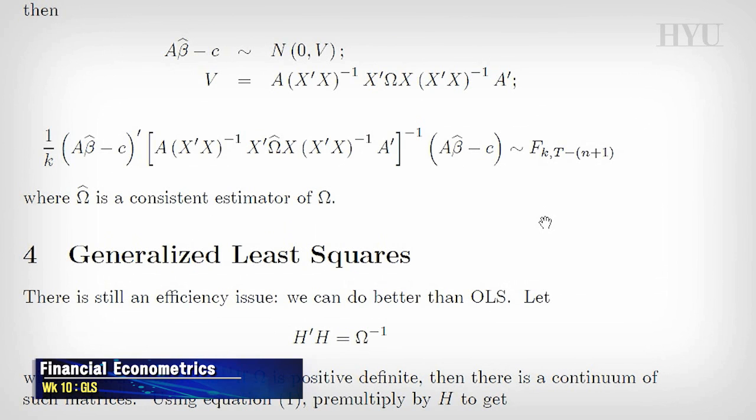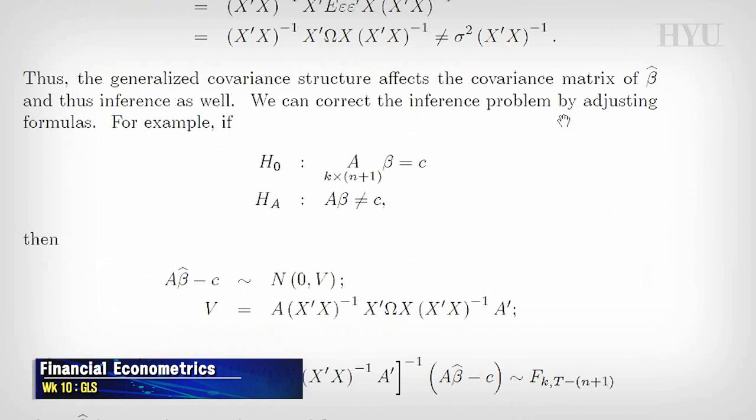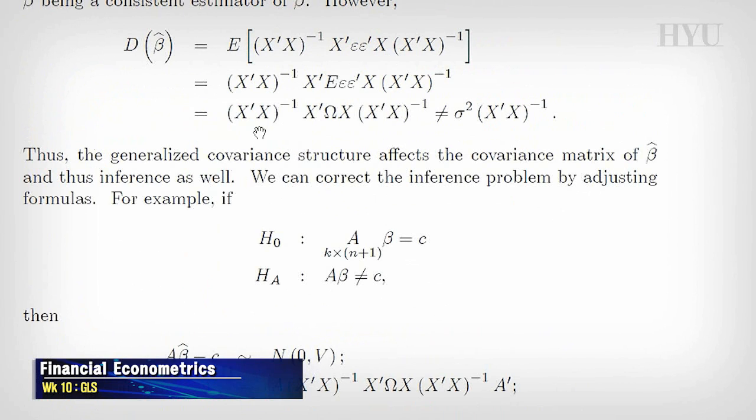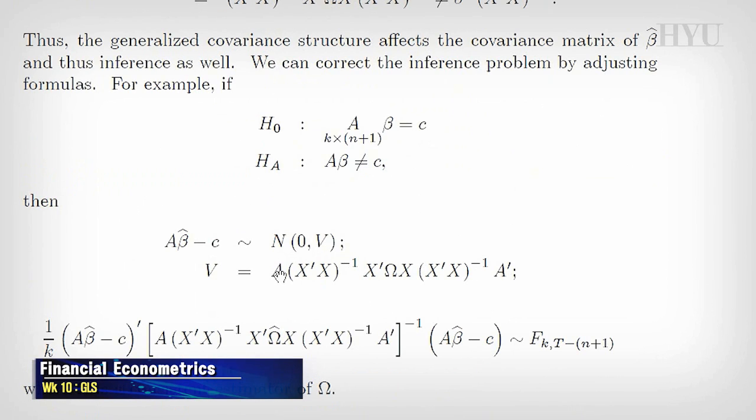And about its covariance matrix, since the beta hat covariance matrix looks like this, we multiply by A on both sides, so we have this structure. The variance covariance matrix of A beta hat looks like this.